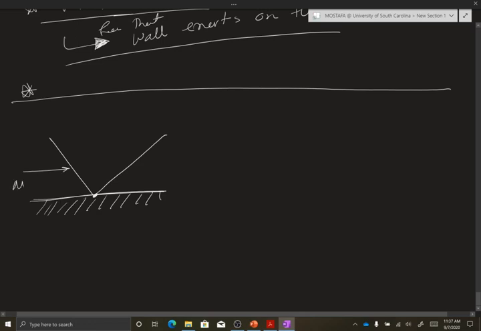You have the M1 coming in at 30 degrees, region 1, region 2, region 3, and the fluid turns 9 degrees after this shock, and then it is straightened out again. Given this geometry, we are asked to find M1, M2, M3.